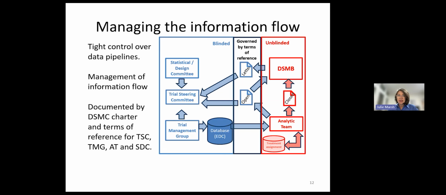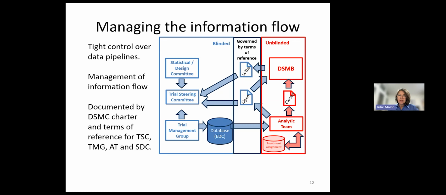So on this design, on this here, you see the operational committees feeding into where the data is. There's also the treatment assignment. You see the data, the information flows into the analytics team, but under my right-hand side here, you have the control of the interim results. And the flow back into the trial steering committee is only via the DSMB.